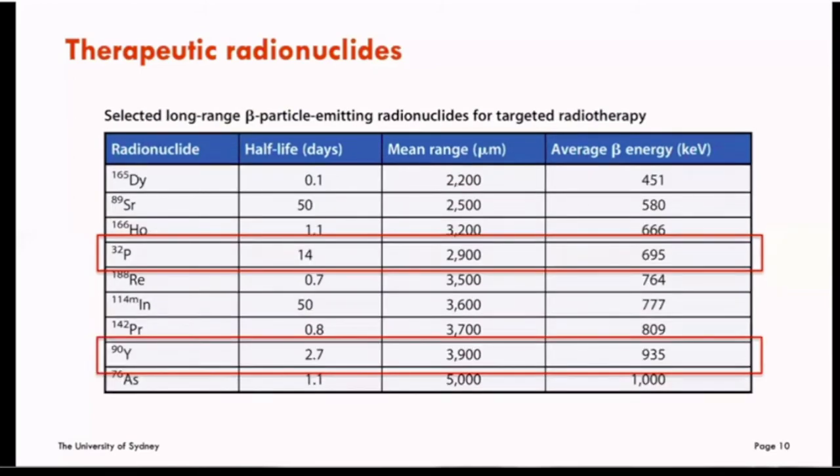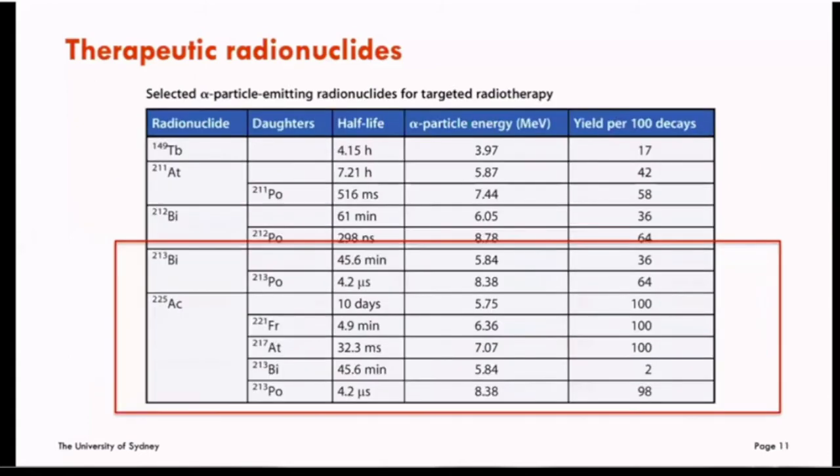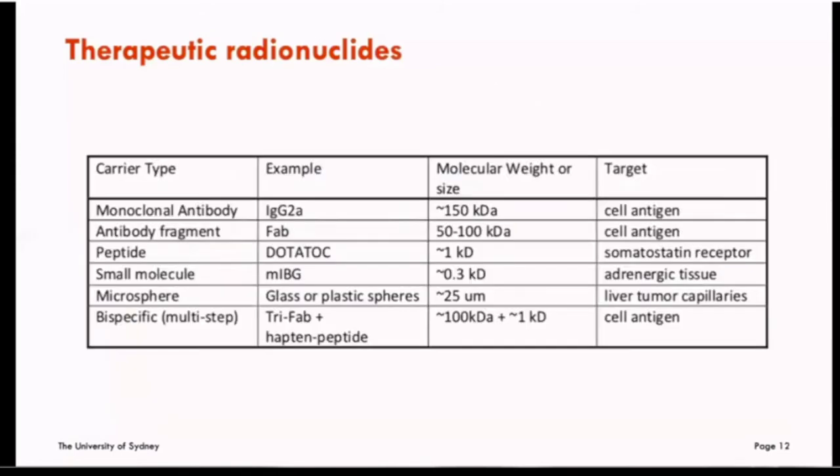And also here are some of the long-range beta minus particle emitting radionuclides for targeted radionuclide therapy, and as you can see, P32 and Y90 are the commonly used isotopes in targeted radionuclide therapy. Also for alpha particle therapy, bismuth 213 and actinium 225 have shown promising results for treating metastases, and I will give some clinical examples later in this talk.